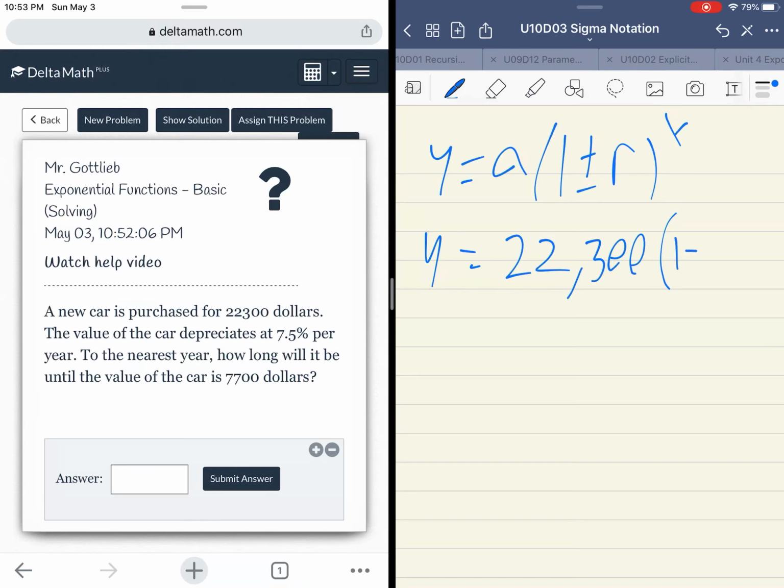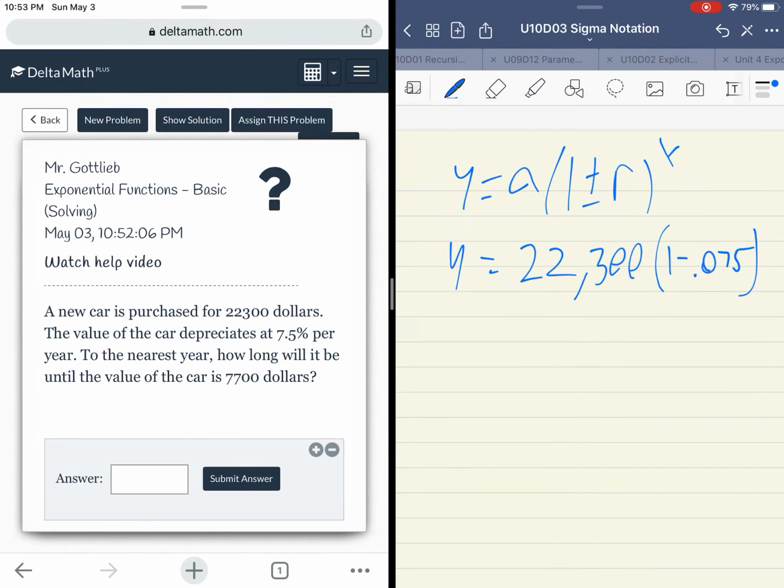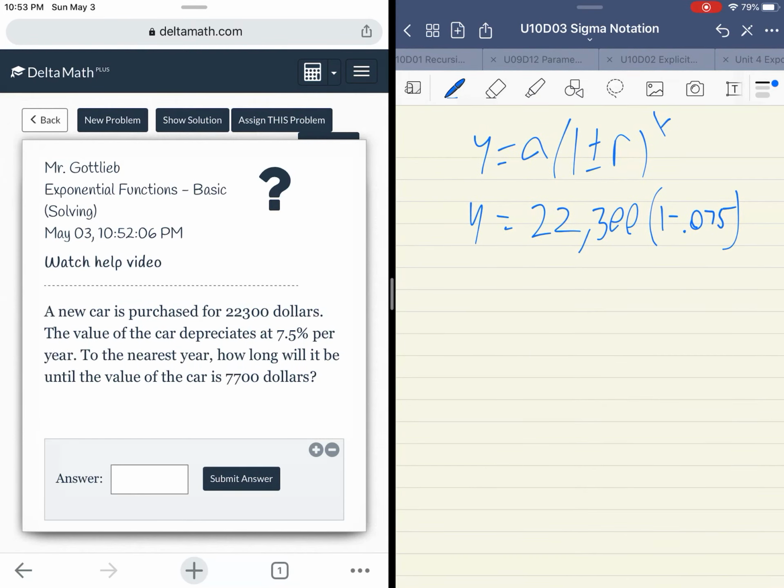So again, we're going to do subtraction, but it doesn't always have to be. 0.075, which is 7.5%, and it says per year. It says to the nearest year, how long will it take for the value of the car to be $7,700? So we're not told the year in this case. We're actually told the dollars. So this is 7,700.